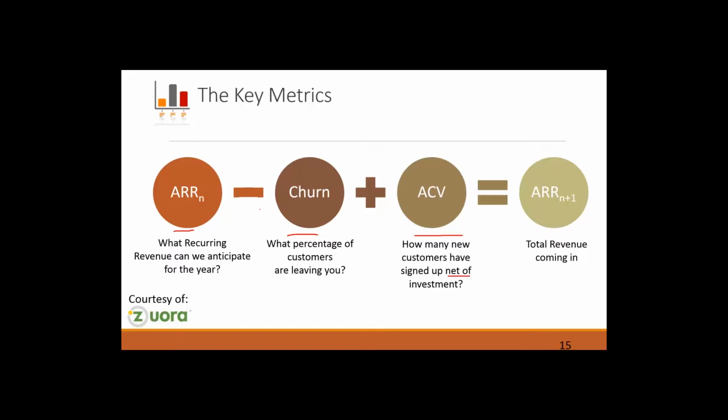In the end, with all of this lined up, you come up with the total revenue that you can rely on for your business. I'm not going to touch on the annual contract value today, but I will talk about churn and recurring revenue. This is the equation in total. Again, for more information, you can go to Zuora.com.